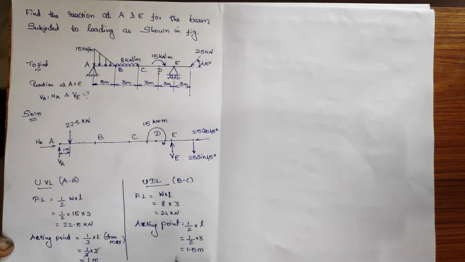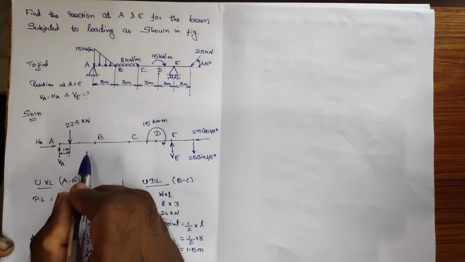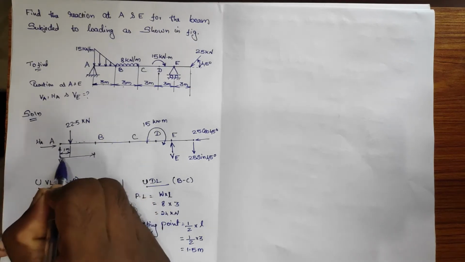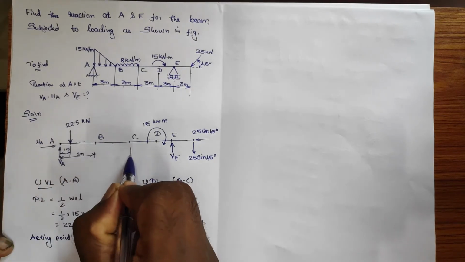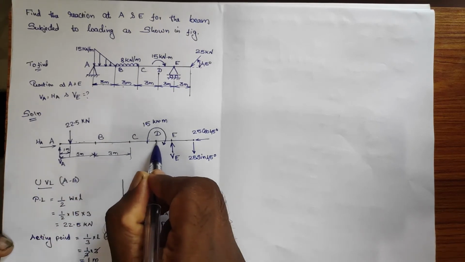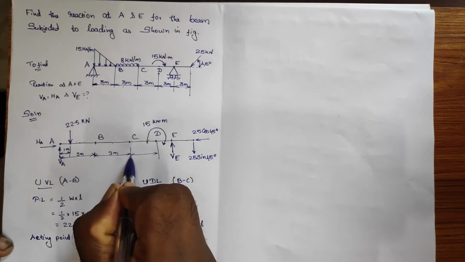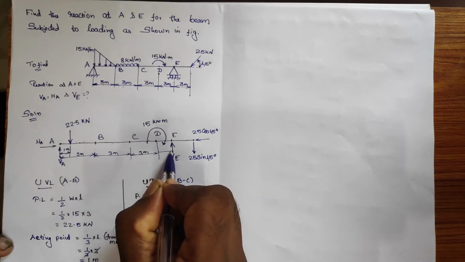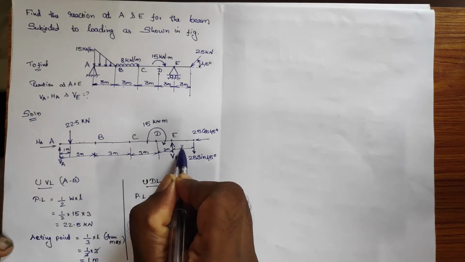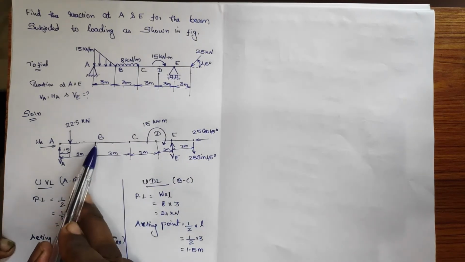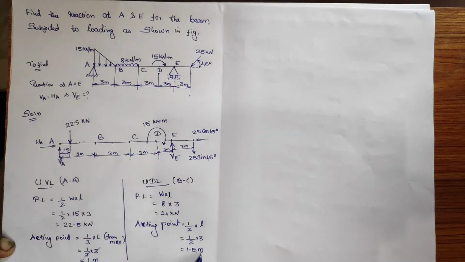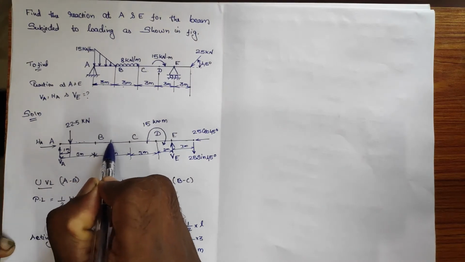Here the entire length is 3 meter, each of the segments is 3 meter, everything is 3 meter. So when you consider the UDL between BC, it is acting 1.5 meter from this end, so the mid of it.